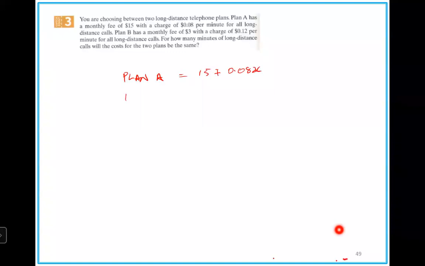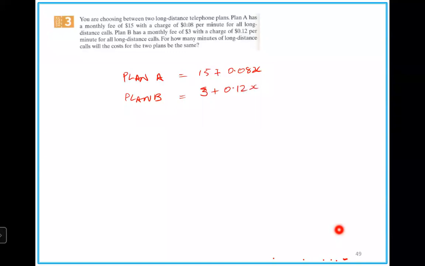Okay. Now for plan B, based on what they're saying here, how is the charge? Plan B? That's $3 plus 0.12x. Okay.